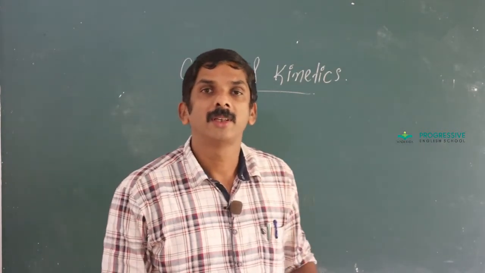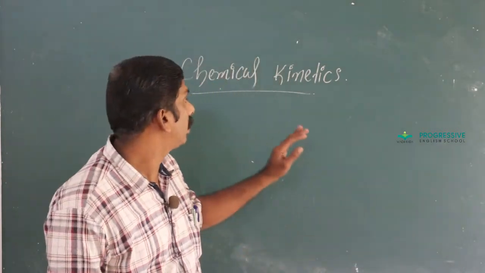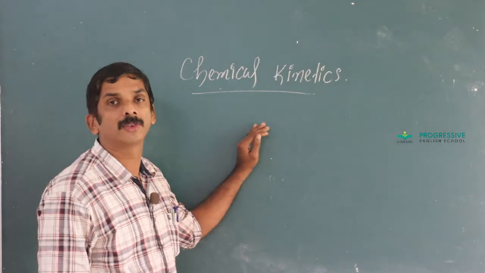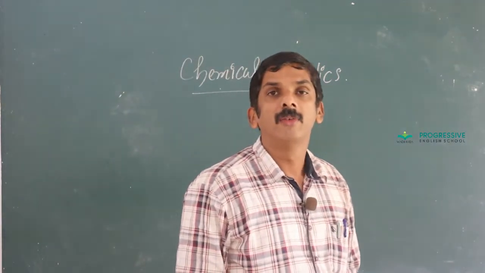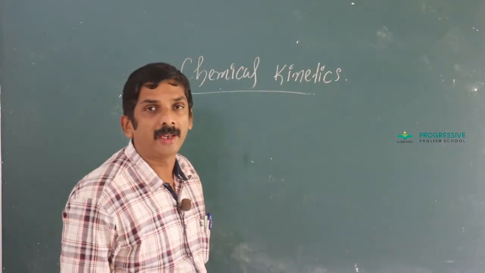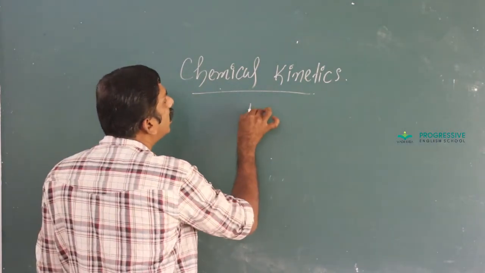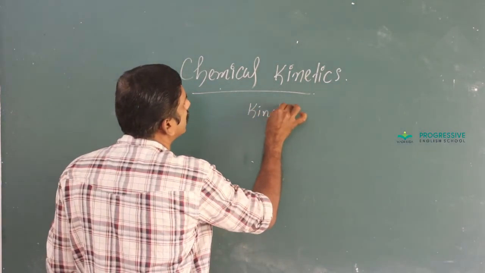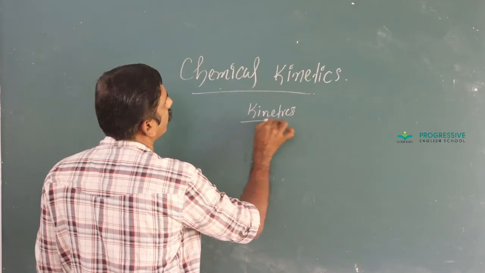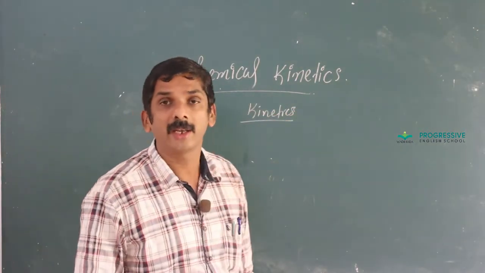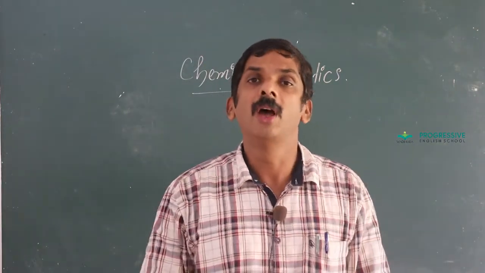Good morning, students. Here we discuss a new chapter that also belongs to this physical chemistry part, which is chemical kinetics. The word kinetics, I think you are familiar with kinetic energy due to motion.